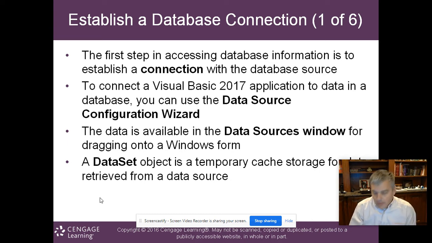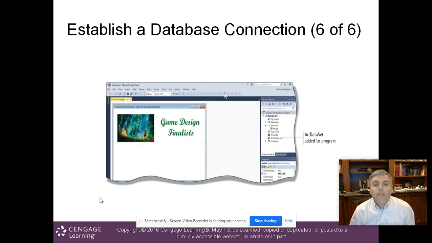And if you have to delete anything or modify anything, you push that back to the actual database. And that's what the ADODB or ADO.NET does for you. So this screen on the right shows you what your Solution Explorer is going to look like once you add your data set. So once you've created that data set, you're going to see a new object in here. It shows you you've got a connection to your data set.